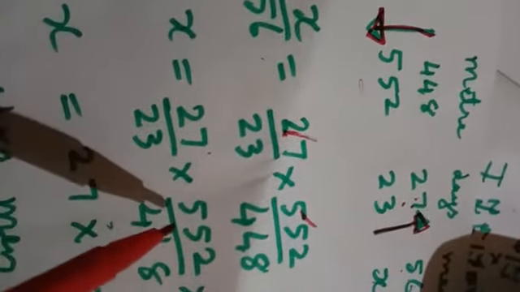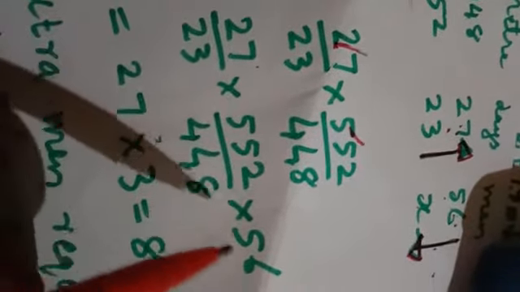Okay, now x is equal to 27 by 23 into 552 by 448 into 56. 7 8s are 56. 6 8s are 48.